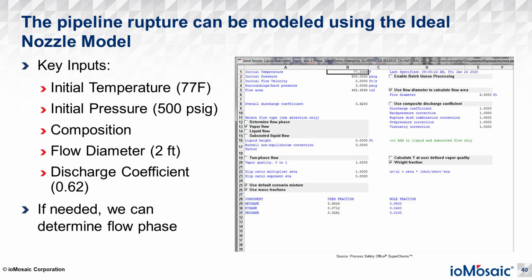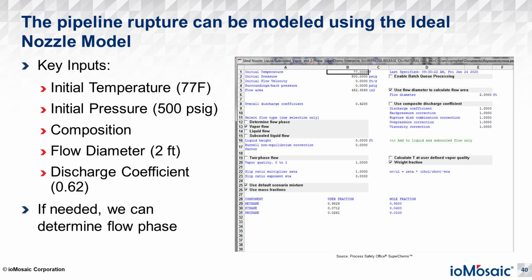Some of the key inputs that I set up in the discharge calculation: initial temperature, 77 Fahrenheit, initial pressure, 500 psig, the composition that I mentioned earlier, flow diameter, I estimated a 2-foot diameter pipe, and discharge coefficient.